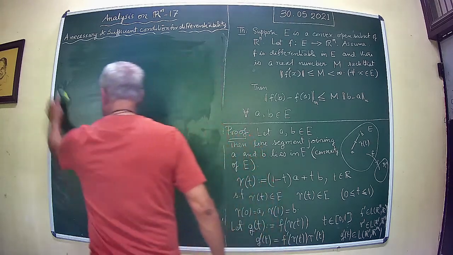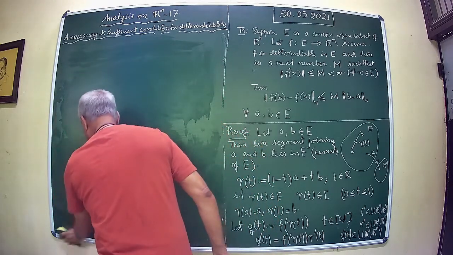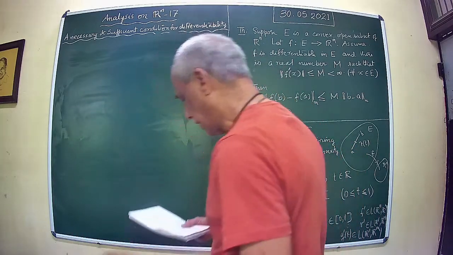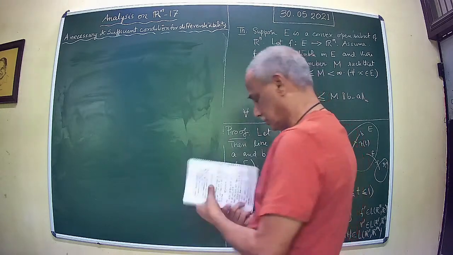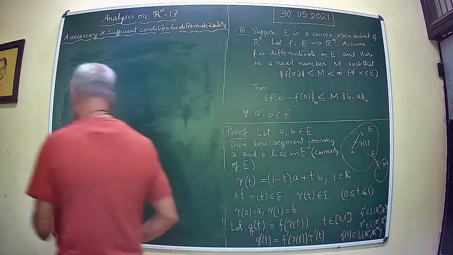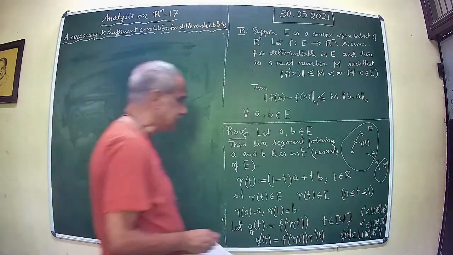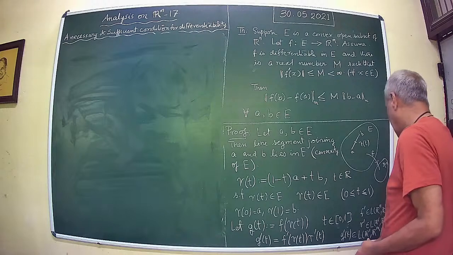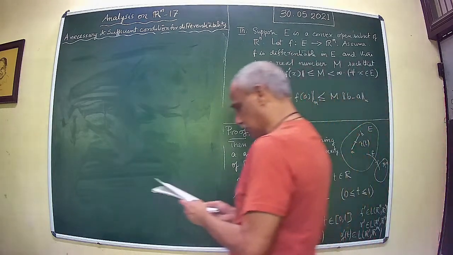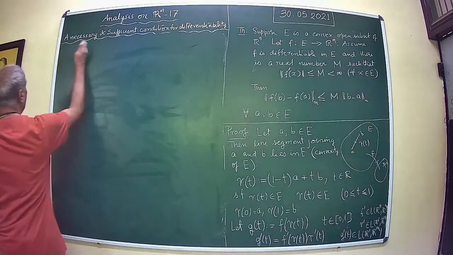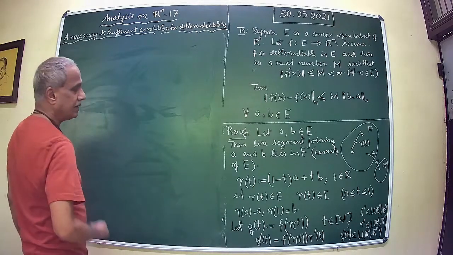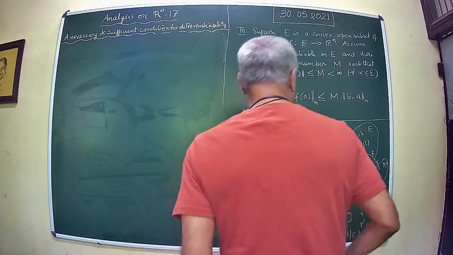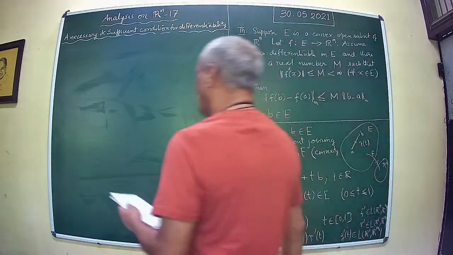Okay, let us now estimate this. Therefore, g derivative is a map from R^1 to R^m. So g derivative of t is in R^m, and you are working out the norm of that.